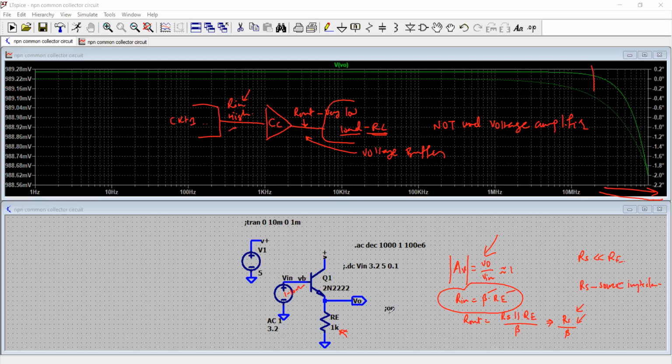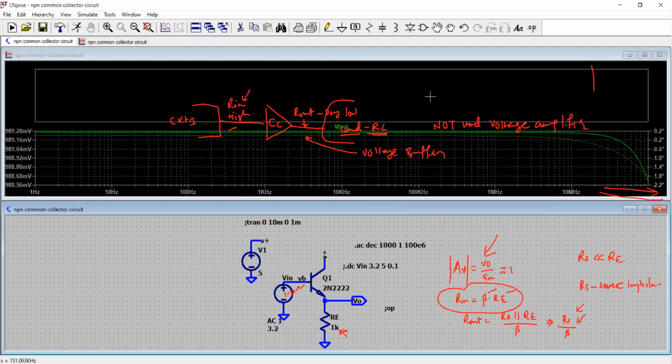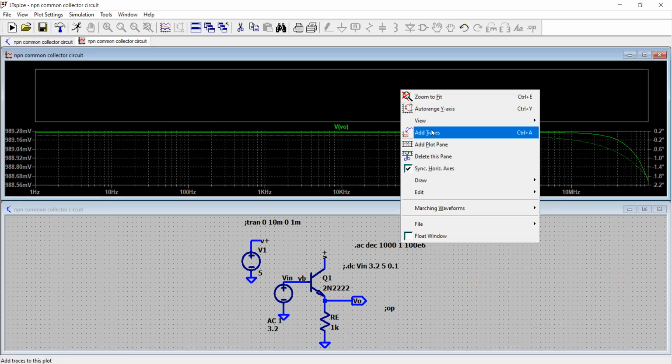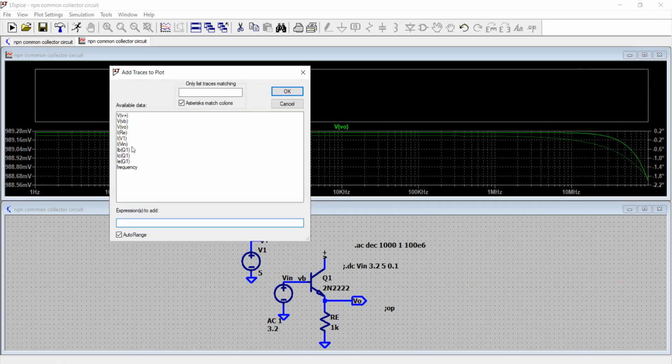How about we try to simulate the current gain of this circuit? So let's say I don't want this, or maybe I would add the plot pane right here. And before that, let me clear the drawing. And now here I will just say add trace, and I will take the ratio of the output current, so output current is my IE, divided by input current, I of V1.